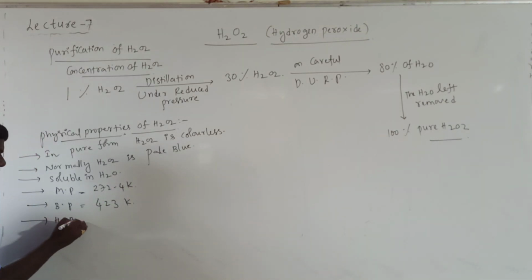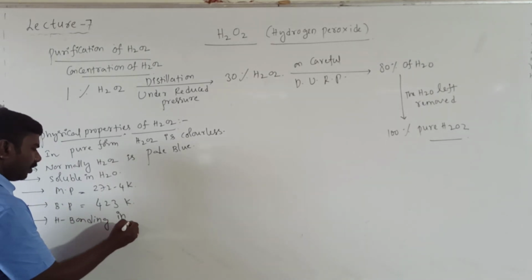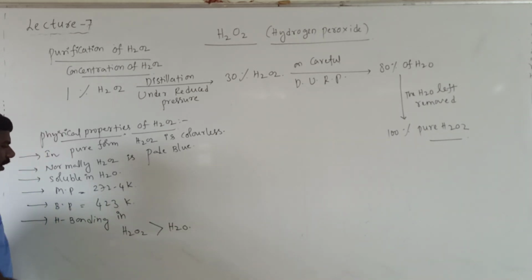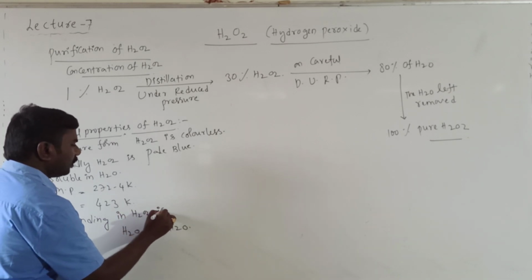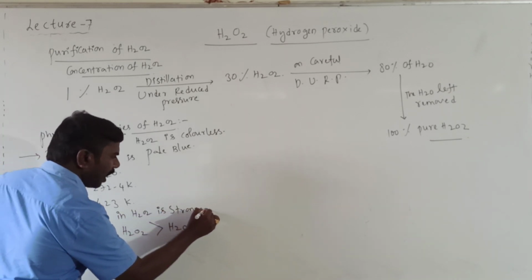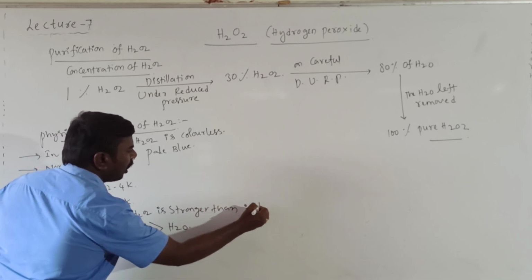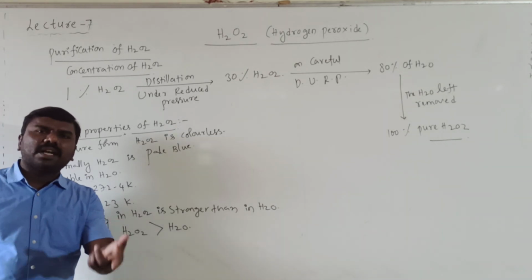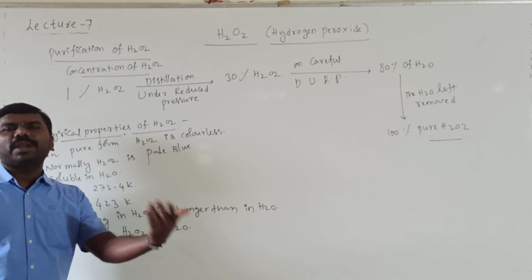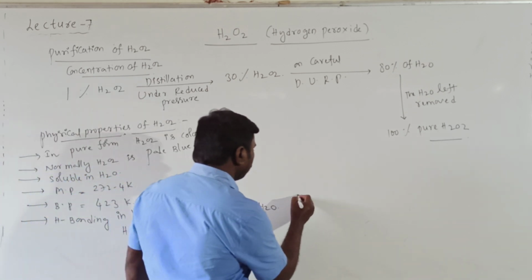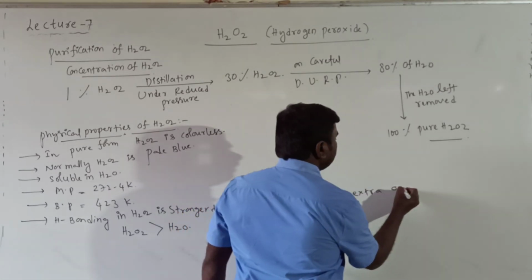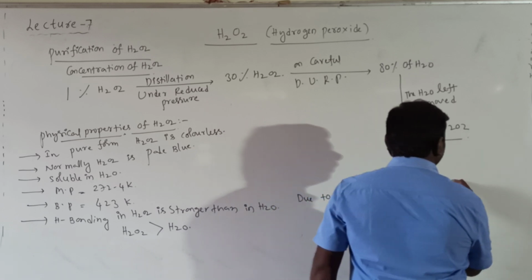Hydrogen bonding is possible in H2O2. The hydrogen bonding in H2O2 is stronger than in H2O. The reason is that in H2O2 one extra oxygen is there, so there is a chance to form one more extra hydrogen bond due to the extra oxygen atom.